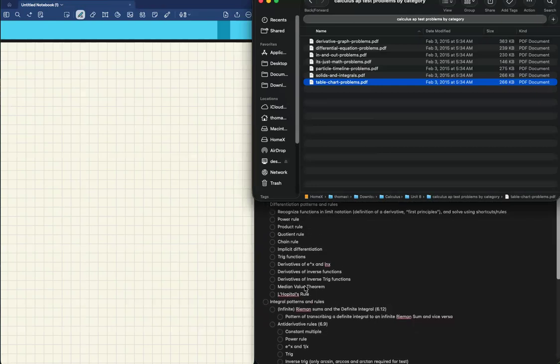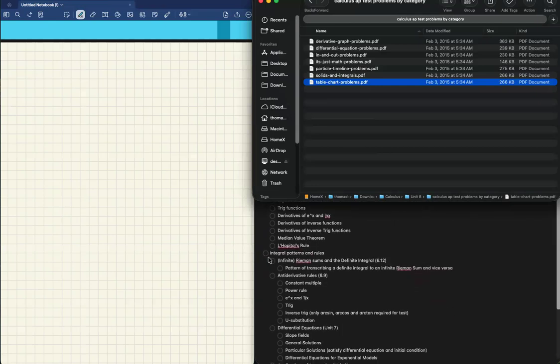And then the next section is the same kind of concepts applied to integrals. So integral patterns and rules. This first thing here is Riemann sums and the definite integral. I put the unit number here so you can have an easier time looking that up in your lesson worksheets, and use the box entries to refresh your memory on the particulars.